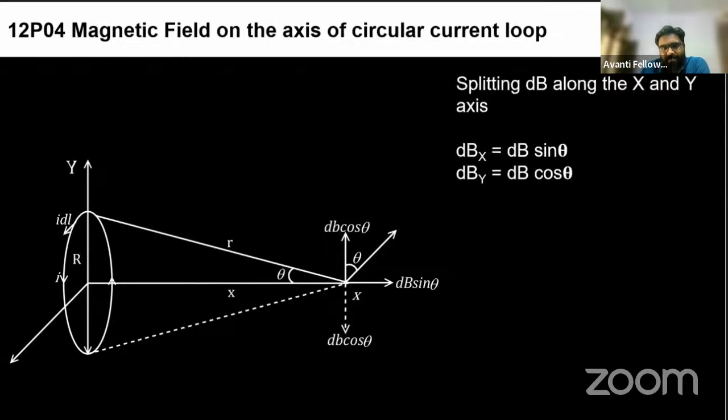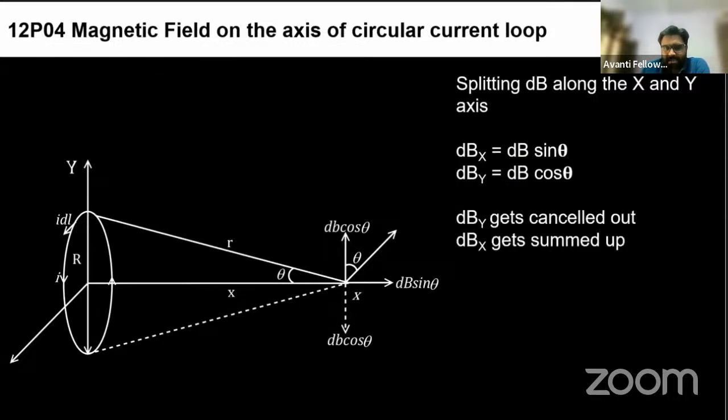ठीक है, now अब dB के दो कंपोनेंट थे, dB sin theta, dB cos theta, we have talked about in the previous slide. Now the dB y will cancel out because if you consider here this one current element, इससे जो फील्ड होगी वो इस तरफ होगी, उसके भी दो कंपोनेंट आएंगे dB cos theta, dB sin theta.